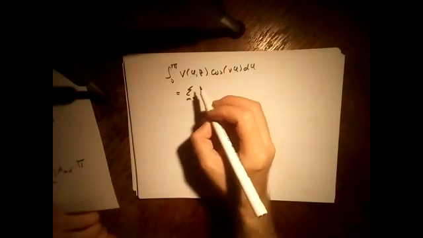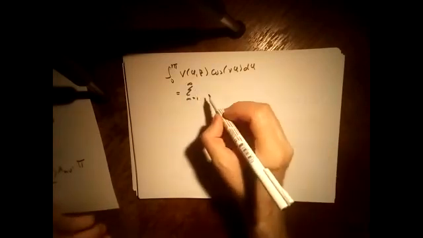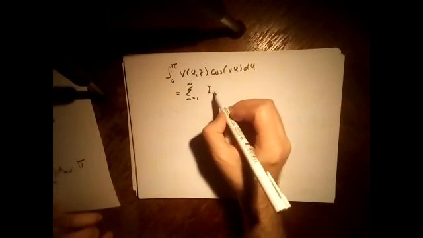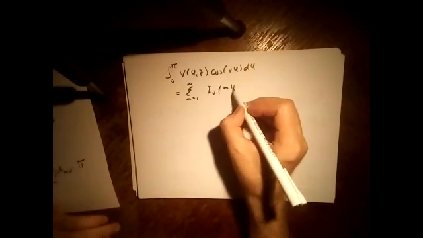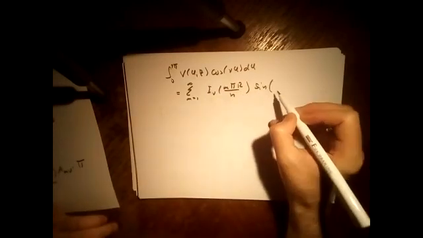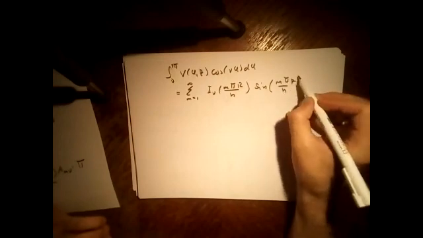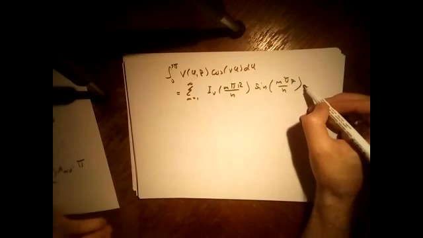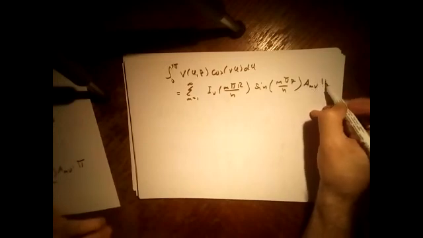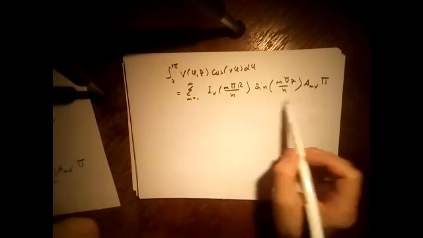The sum actually runs from 1 through infinity. I never wrote that. So I_ν(mπr/h) sin(mπz/h), and I have here a_mν π.